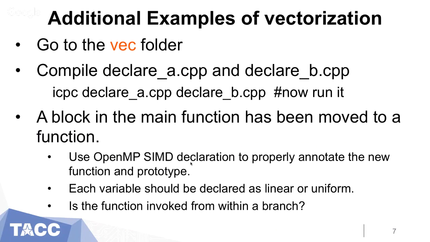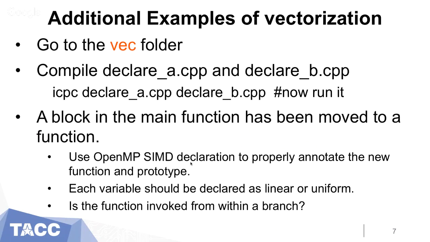And in the folder, what we have done is taken that and put, as you would normally have, a function in another file and your main program over here, and you compile them separately, like I show here, and then execute them. In this case, the compiler's not going to inline that function over in main, and it doesn't even know it's vectorizable.